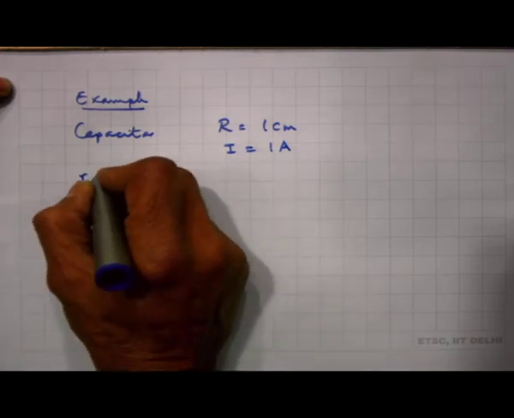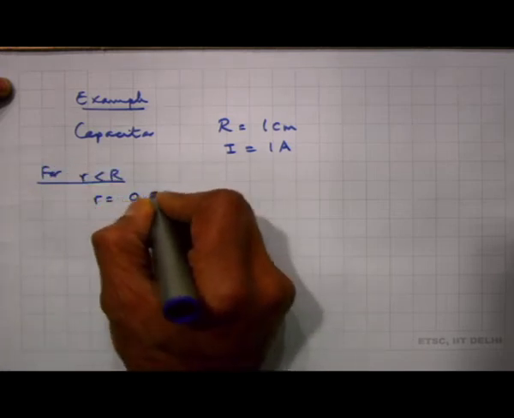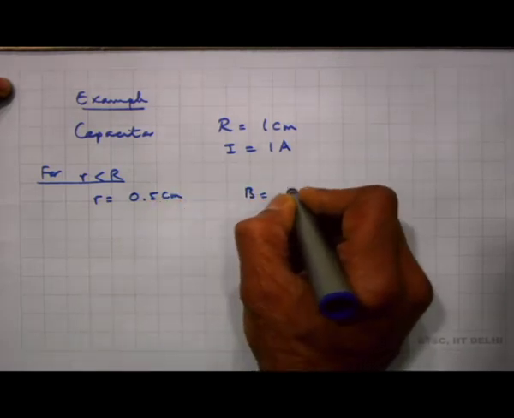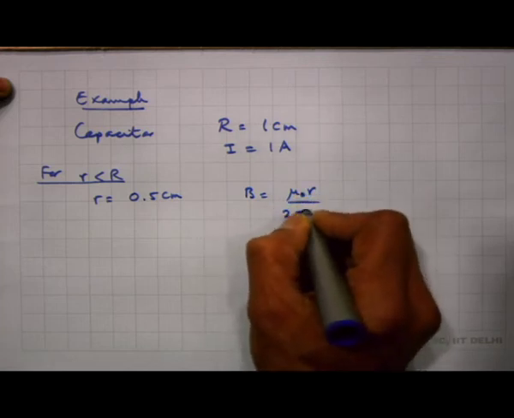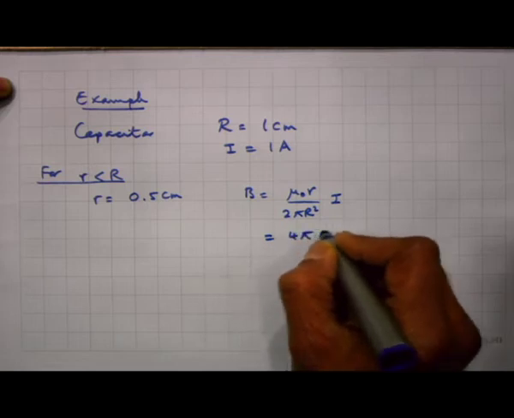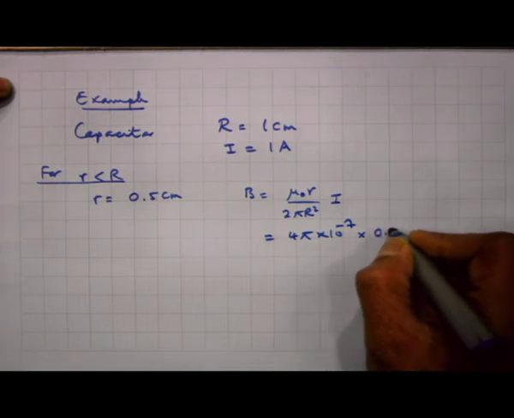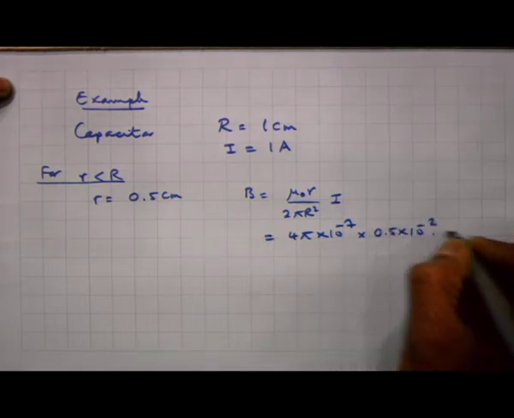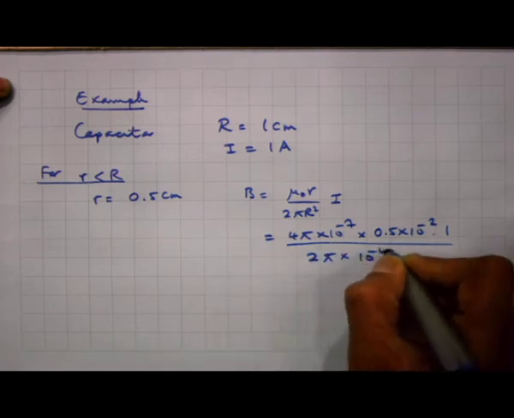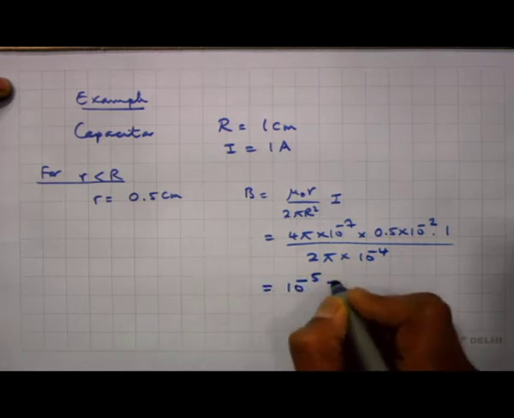So, for r less than R, let me calculate. Let me take r equal to 0.5 centimeter. The magnetic field is given by mu naught r by 2 pi R square into I. So, this is equal to 4 pi 10 to the minus 7 into small r, 0.5 into 10 to the minus 2 meters, into current 1 ampere, divided by 2 pi into 10 to the minus 4 (R square), and that comes out to be 10 to the minus 5 Tesla.